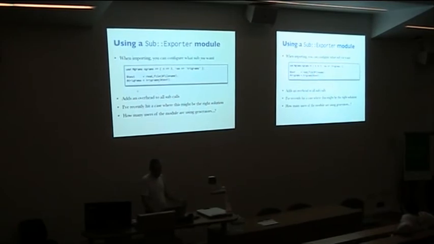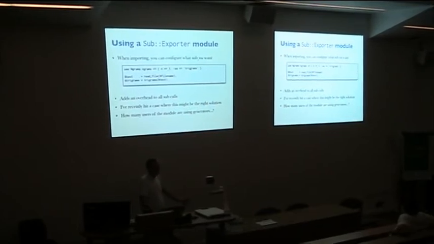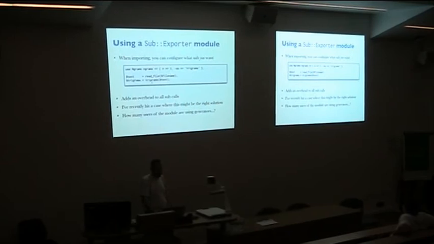So what they can do is, if the module is using sub-exporter, they can say, I want to pull in this function ngrams, I want to fix the second parameter, this n parameter, to 3, and I want to call the function trigrams, and then they get a function trigrams.